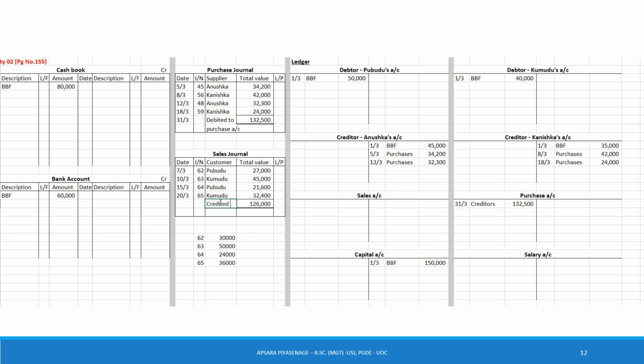Credited to sales account. Date is the last date of the month, so here 31st March. Here we can write debtors. Value is 126,000.